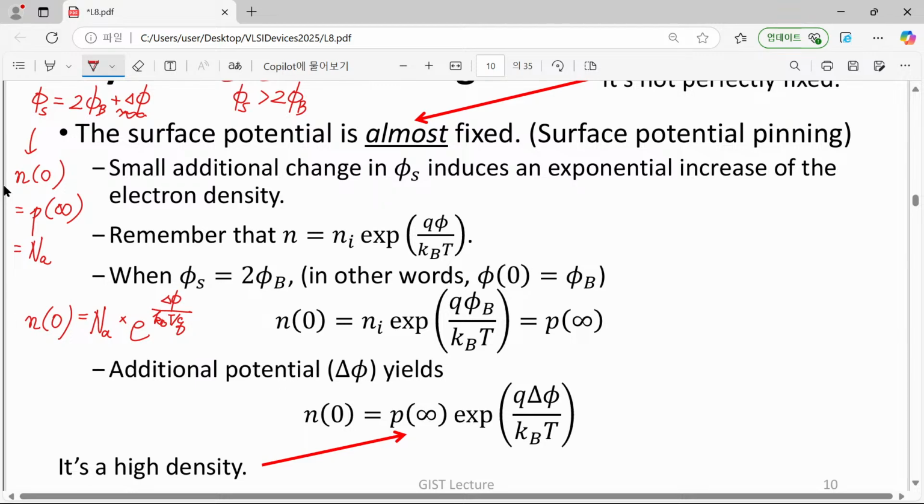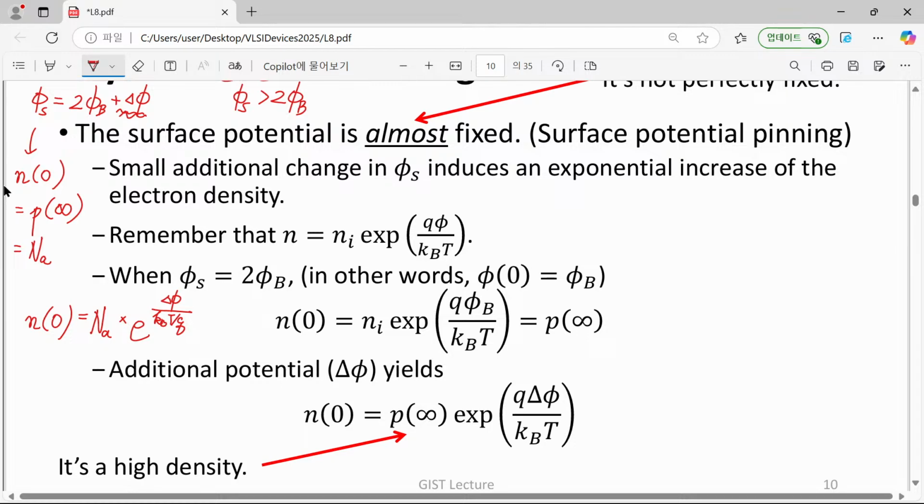Are you with me? So simply speaking, if we just increase this delta phi by the amount of 1 thermal voltage, then instead of just 10 to the 17, we will have 2.3 times 10 to the 17. This is a huge increase.